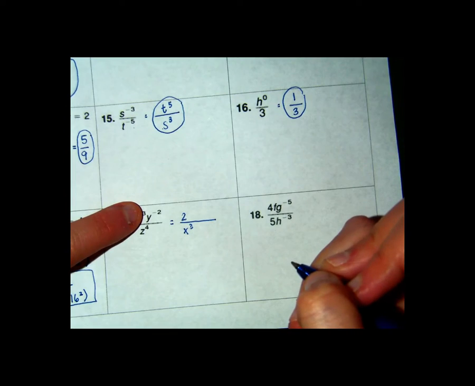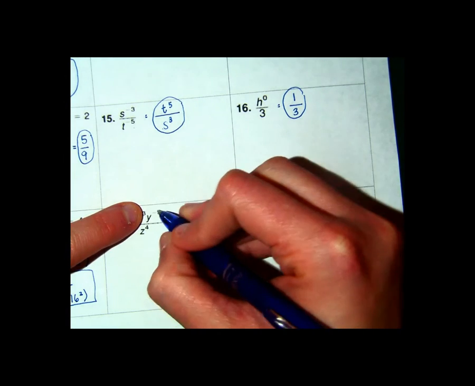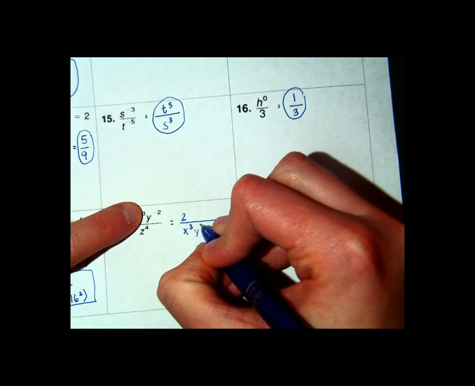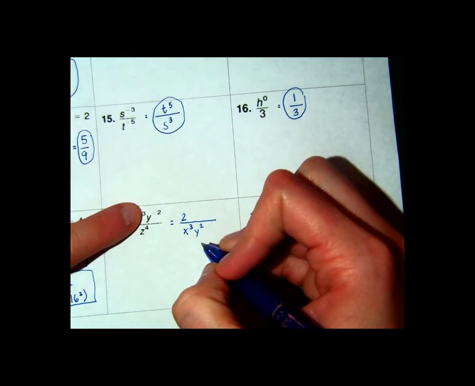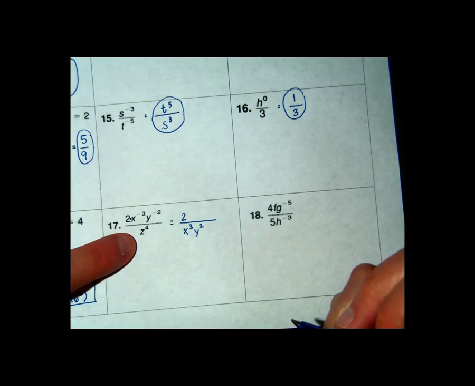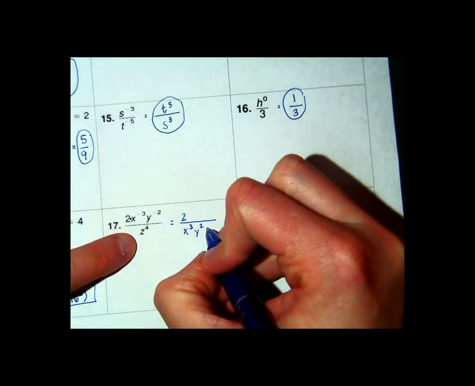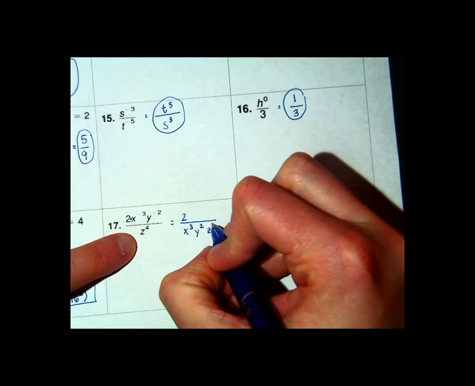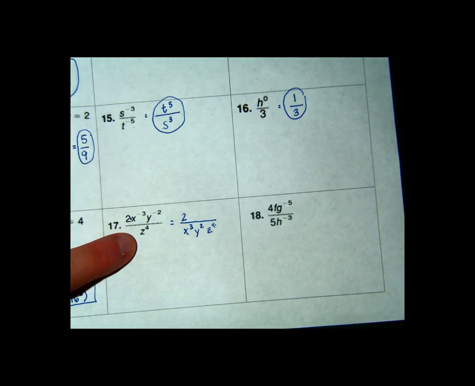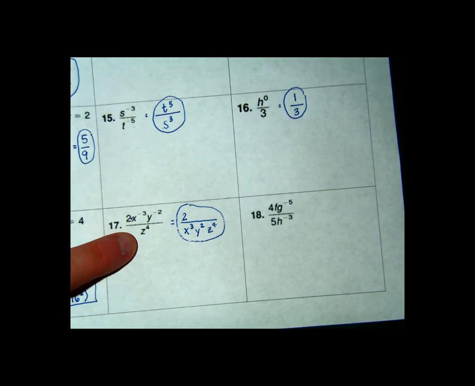Y to the negative 2 does have a negative exponent, so it was currently in the numerator. It needs to come to the denominator. Okay, I've gotten the entire numerator figured out. Now I'm going to go down to the denominator. Z to the 4th power. There is no negative exponent, so it stays in the denominator. So 2 all over x to the 3rd, y squared, z to the 4th.